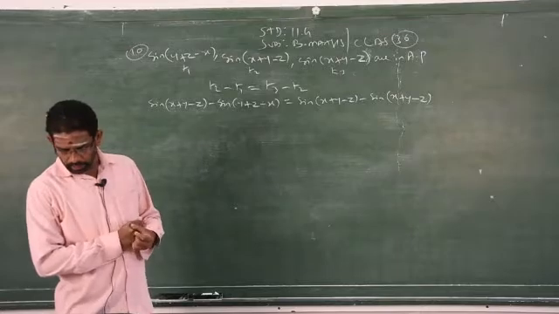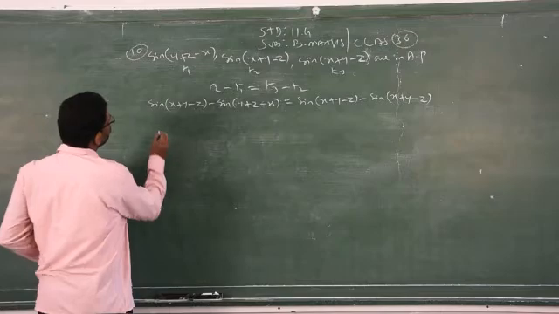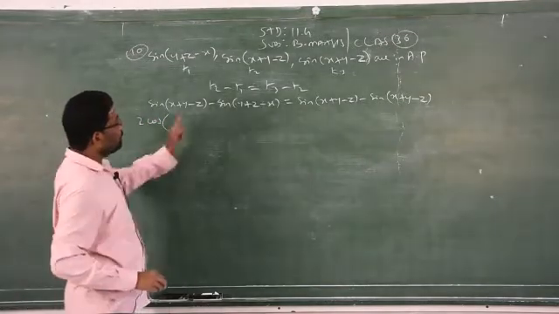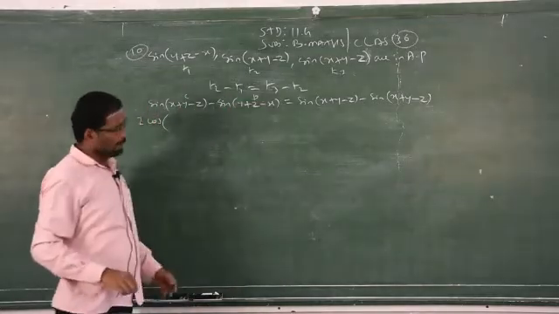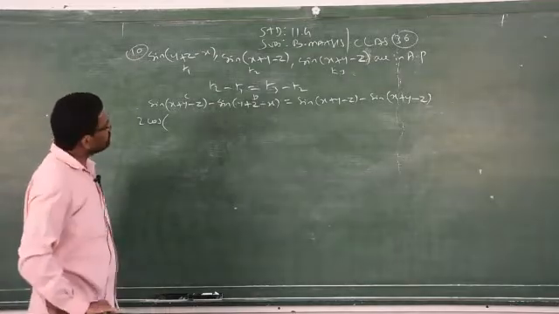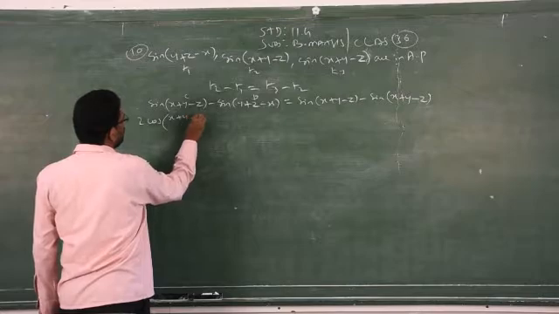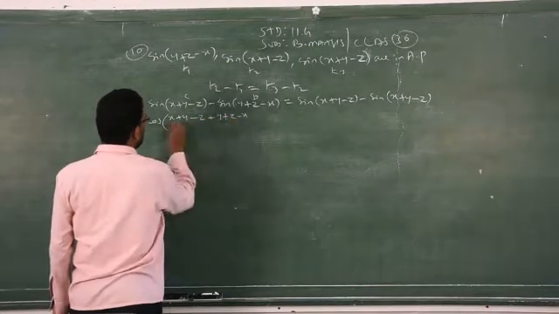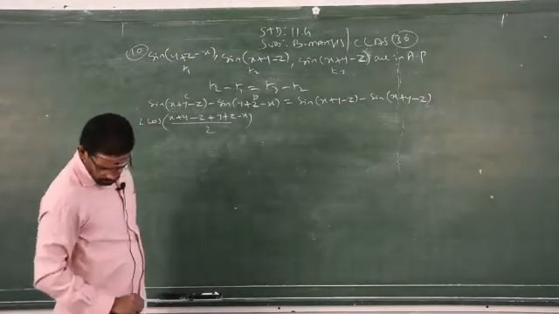Sin C minus sin D is 2 cos of (C plus D) by 2, into sin of (C minus D) by 2. Clear?